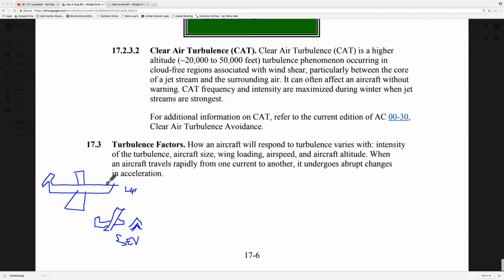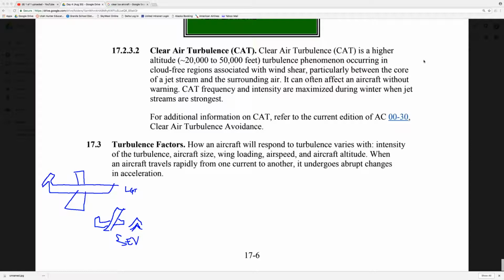So it's the same thing. Like waves in the ocean, the bigger the boat, the less effect it has. In the air, it's the same exact thing. The bigger the airplane, the less effect turbulence has on that aircraft.